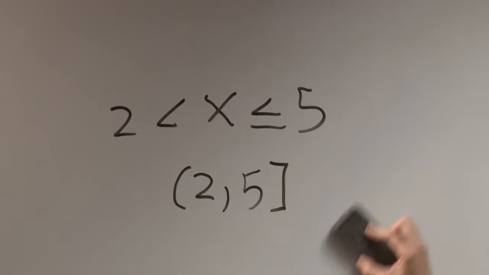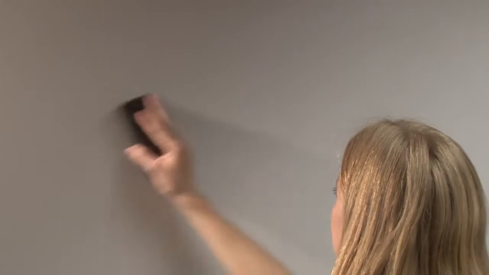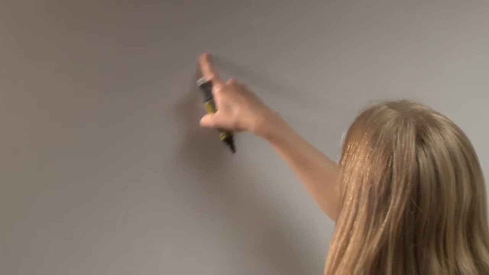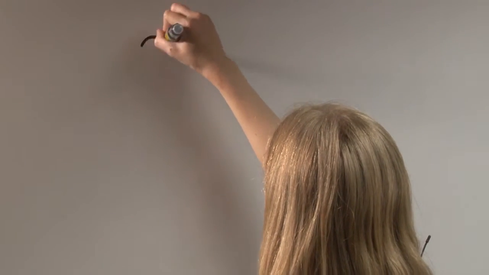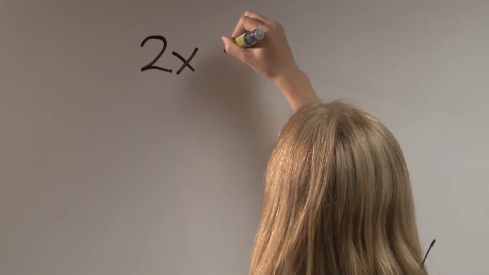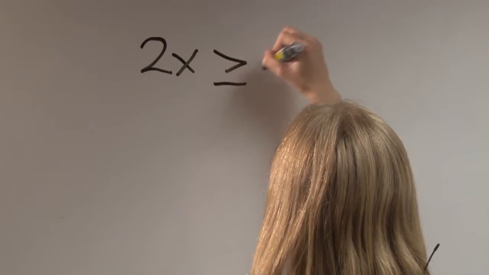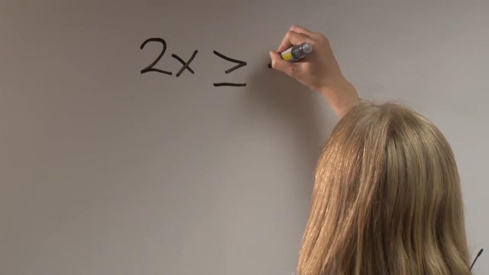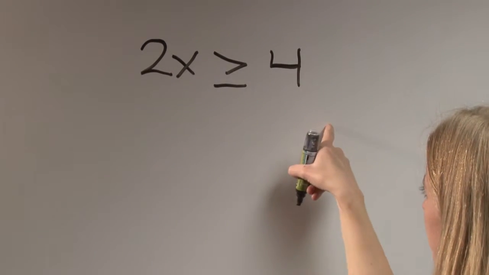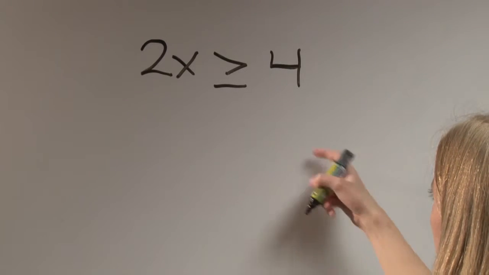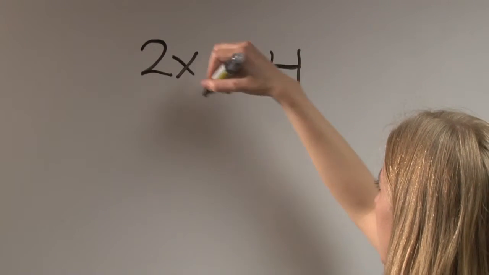So now we can get into solving some linear inequalities. There are just a few rules that are different than solving equations. For the most part, it's the same. If I'm solving an inequality like 2x is greater than or equal to 4, I'm going to try to isolate the x.